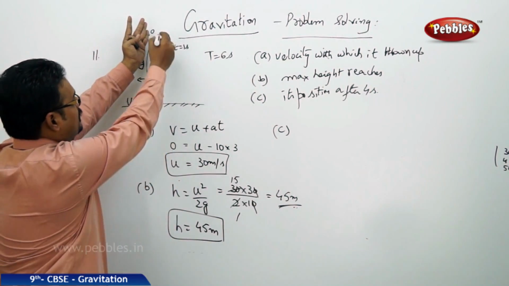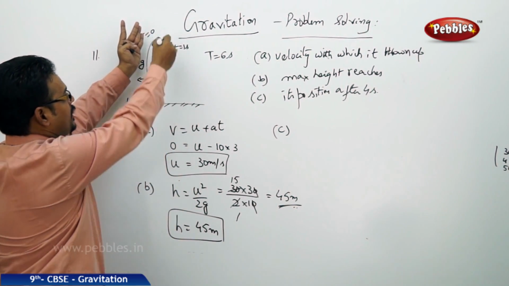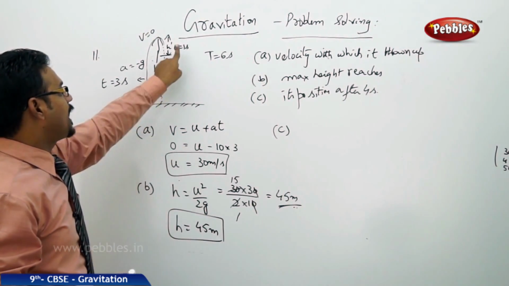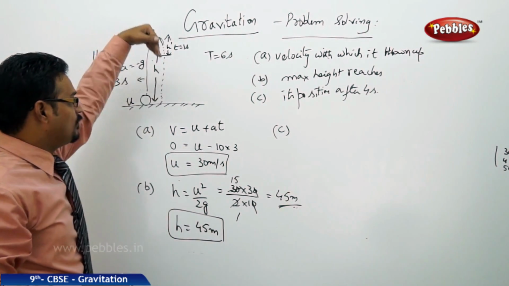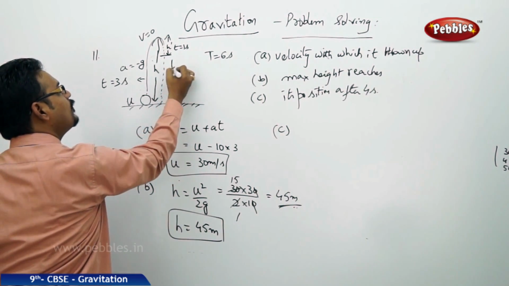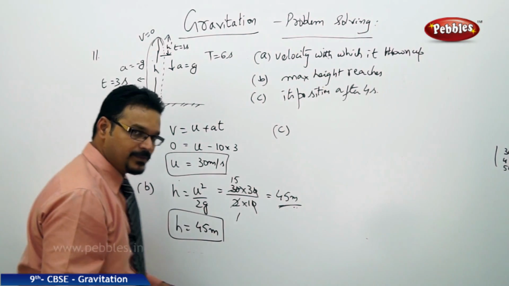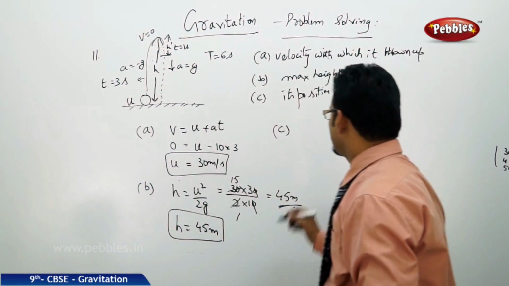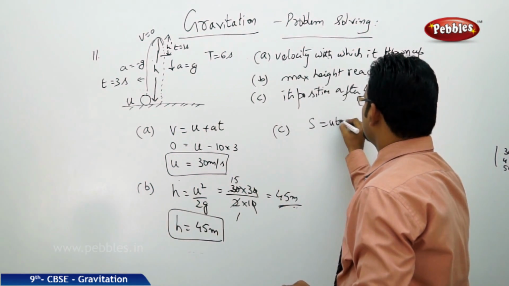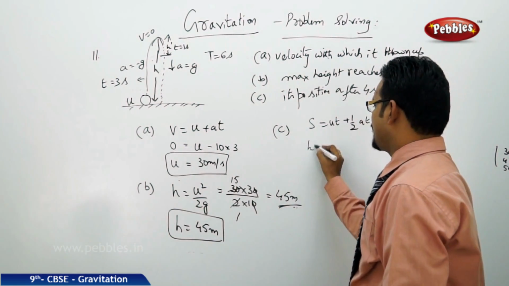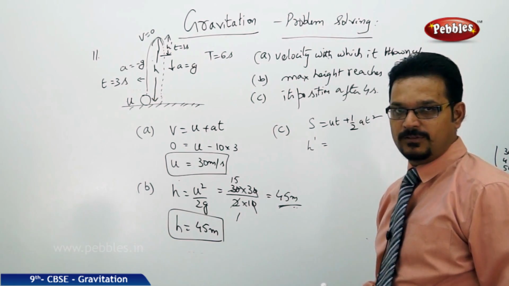Now if you see, this part is a free falling body. In a freely falling body, initial velocity u equals 0. Acceleration going downwards is plus g. So use the formula s equals ut plus half at square. Now s is nothing but h dash, as we need to calculate.